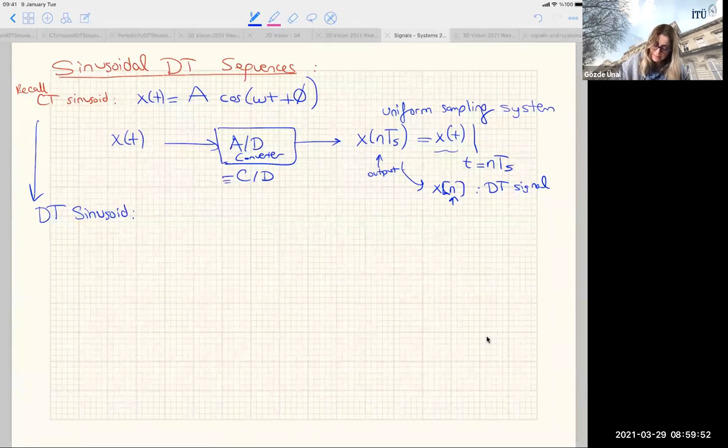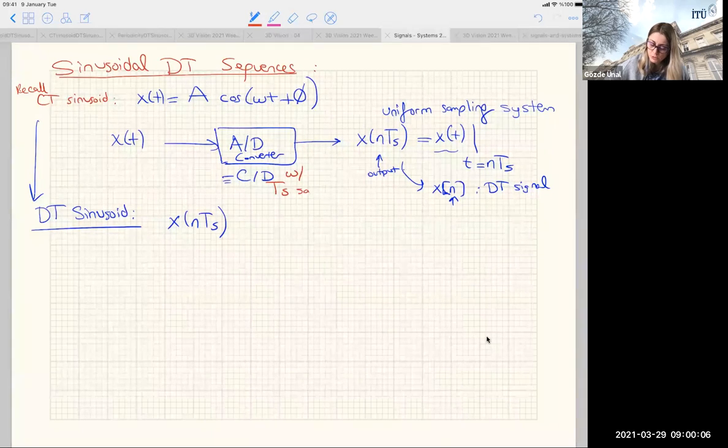So just go there and say, I will sample it every Ts seconds. Therefore, with this system, you have to define a parameter. You have to define this converter with Ts, the sampling period, or rate. The frequency will be 1 over Ts. This is the parameter of this system.